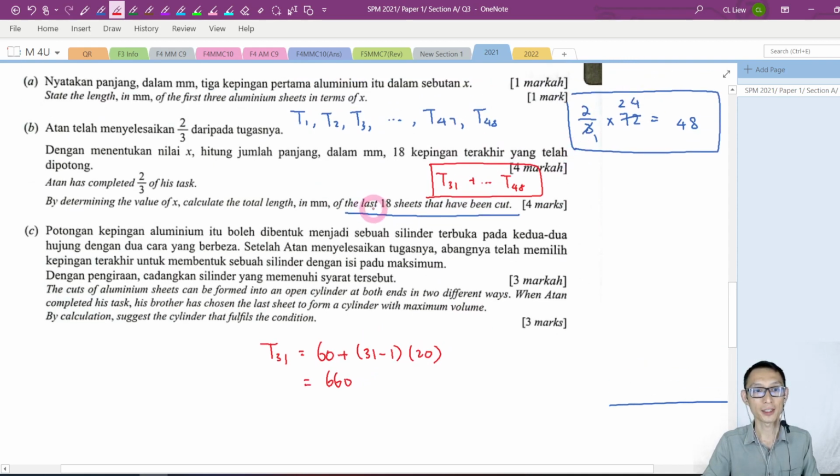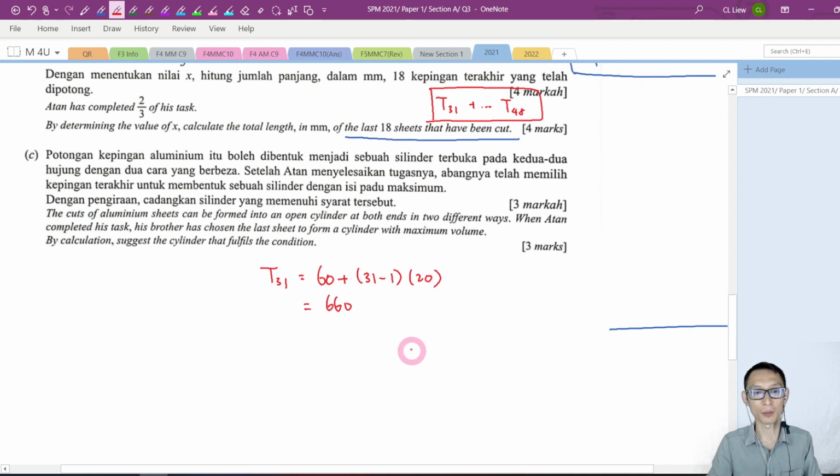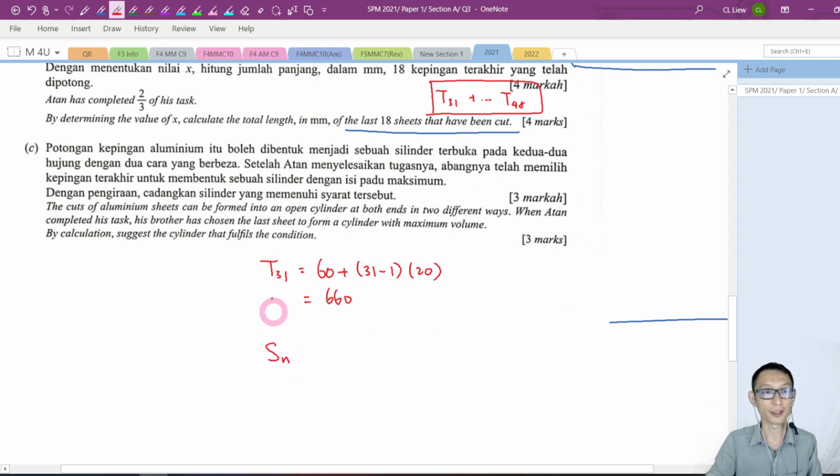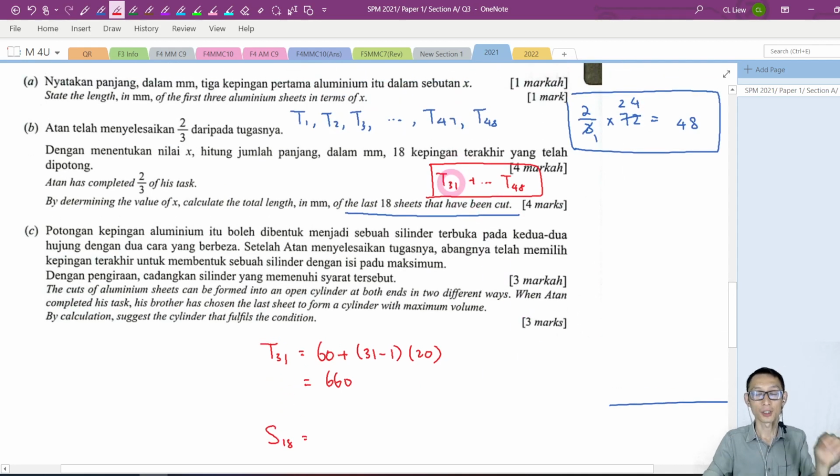And I want to find the sum of the 18 sheets, right? So it means S18. Now I treat this one as the first term. This is the first term, and this is 18 terms. This is T18. Now I consider this one to become T1 and this to become T18.